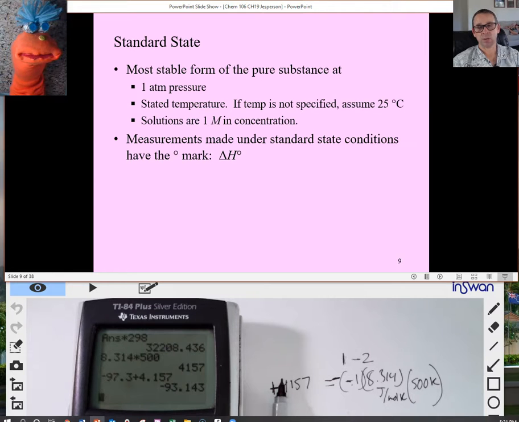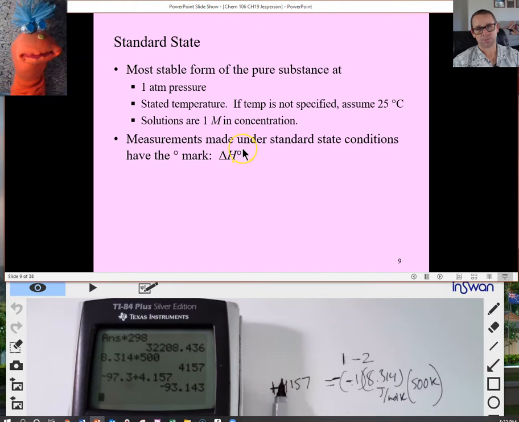And if it's not specified, then we assume it's room temperature, 25 degrees Celsius, 298 Kelvin. If we're dealing with a solution, then our standard concentration is 1 molar. And we have this little sign, we call it a knot, or a degree sign, but it's called a knot. So delta H knot.